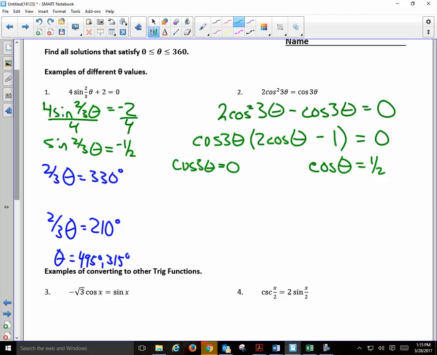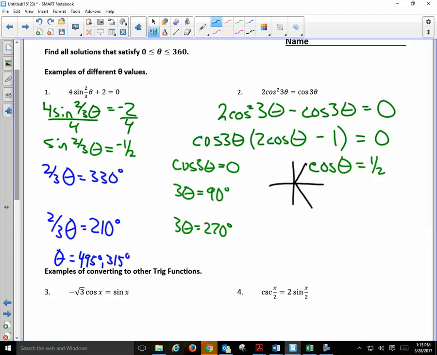So do I divide by 3 or do I inverse cosine? Inverse cosine. Where's cosine equal to 0? We wrote it down yesterday, 90 degrees and 270 degrees. Cosine equal to 1/2. Quadrants. Where's cosine positive? First and fourth.